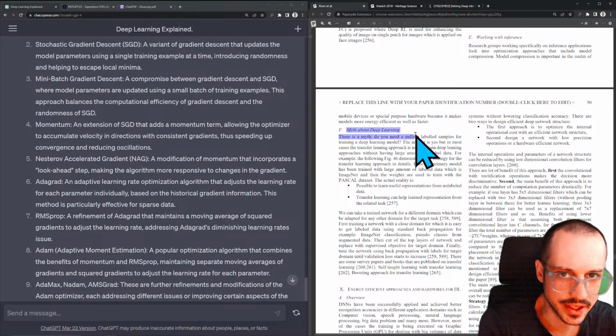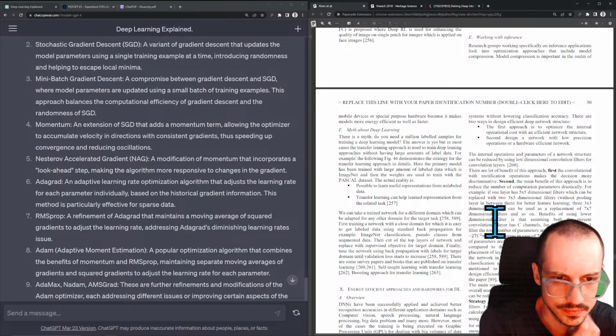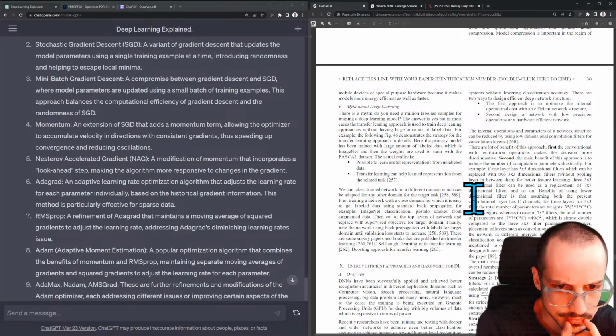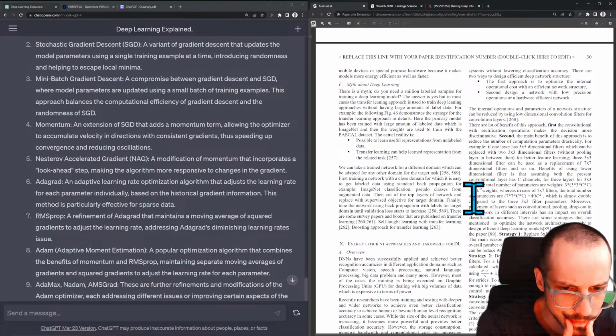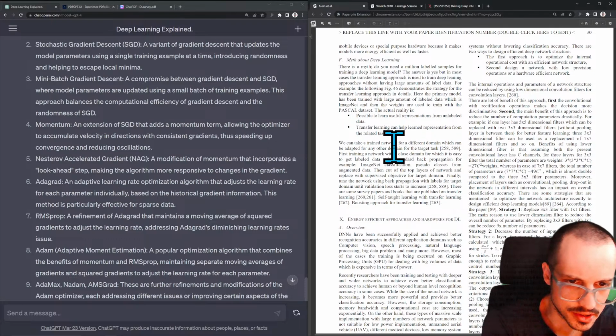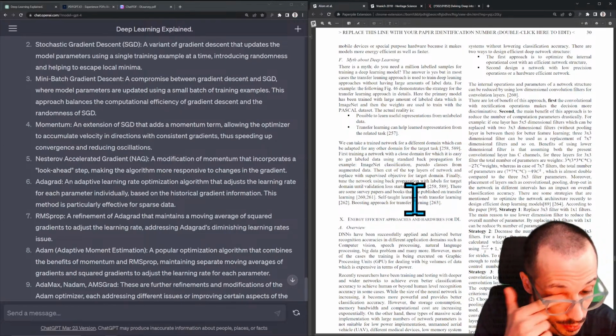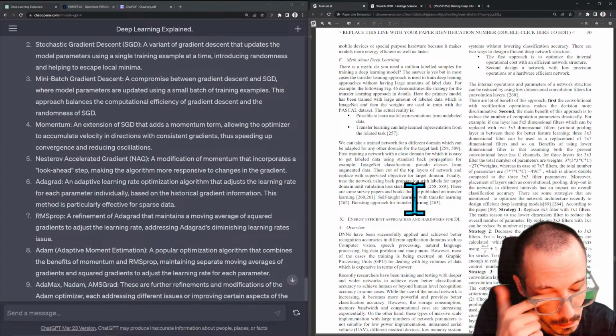Myths about deep learning. So it's just kind of explaining how to do transfer learning, right? So you take a large network that's been trained on ImageNet, and then you just fine tune it on your specific problem.